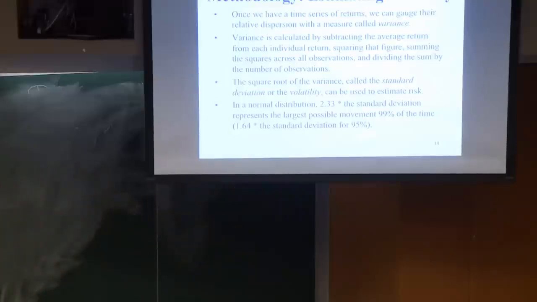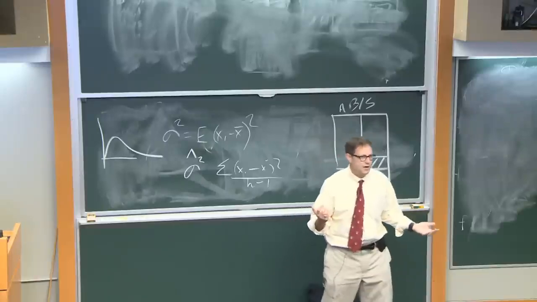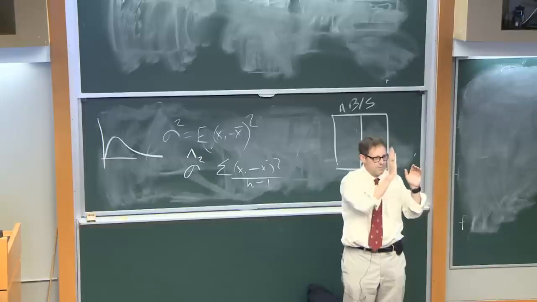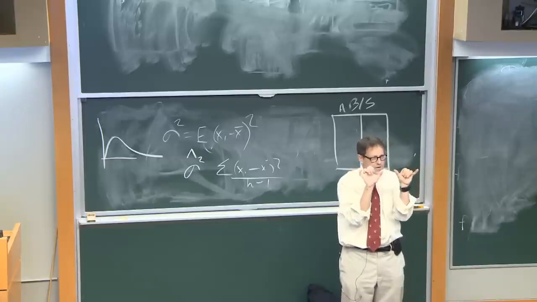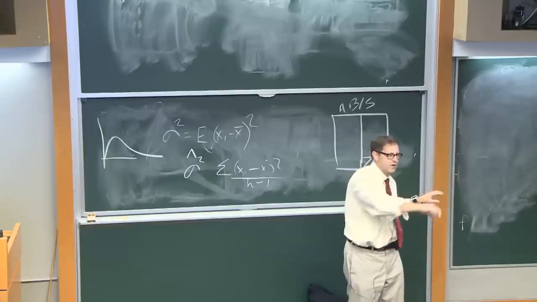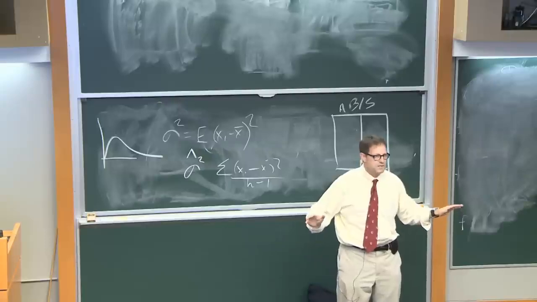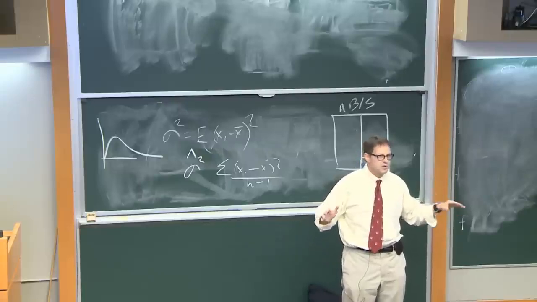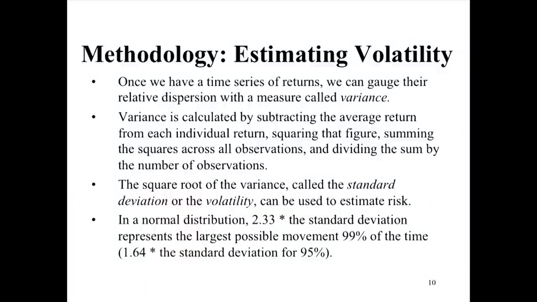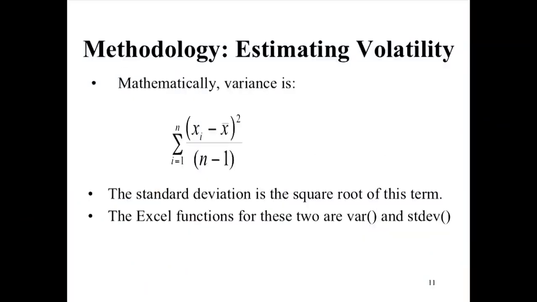Now, you're saying, wait a minute, where did the 1.96 I learned as an undergrad go? That's two-sided. If I go from the mean to 1.96 standard deviations on either side, that encompasses 95% of the total area of the integral from negative infinity to positive infinity. Does that make sense? The two-sided versus one-sided confused me a lot when I was your age, but I got there.